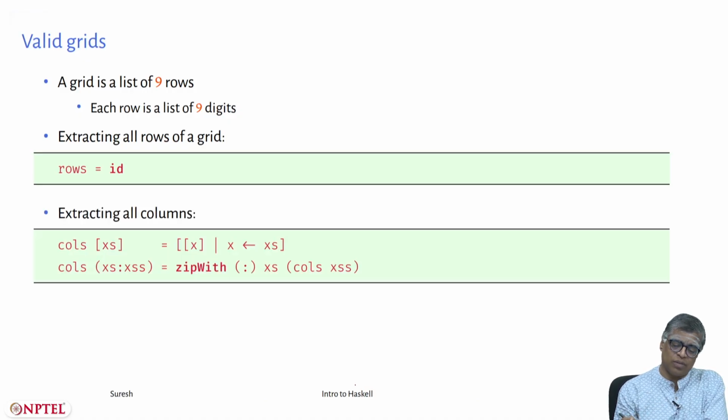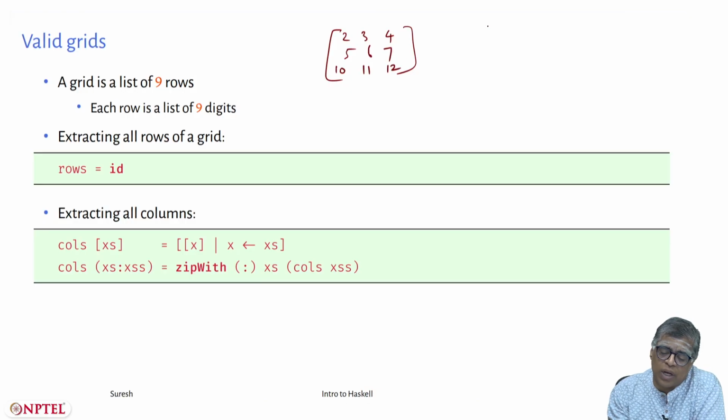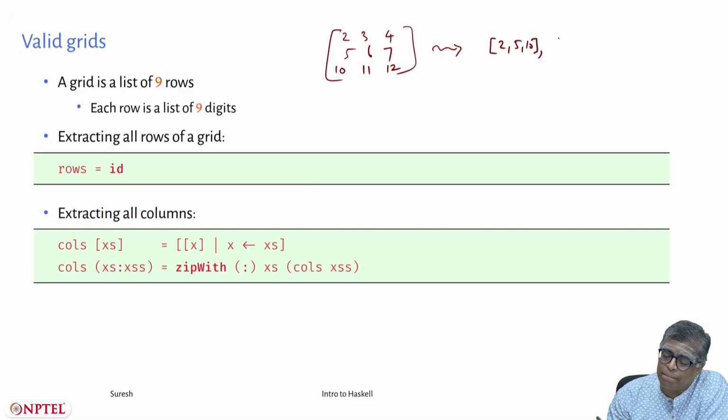How do I get columns? For columns, if I have something like 1, 2, 3, 4, 5, 6, 7, 10, 11, 12, then what I need to do is make this become 2, 5, 10, 3, 6, 11, 4, 7, 12.